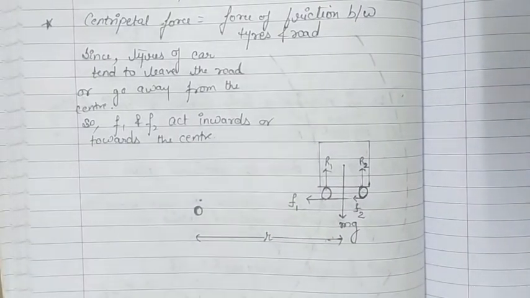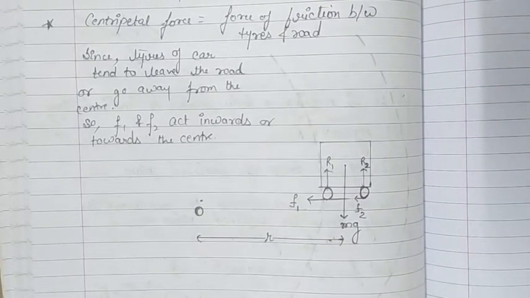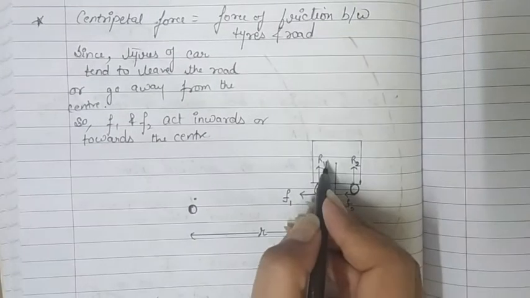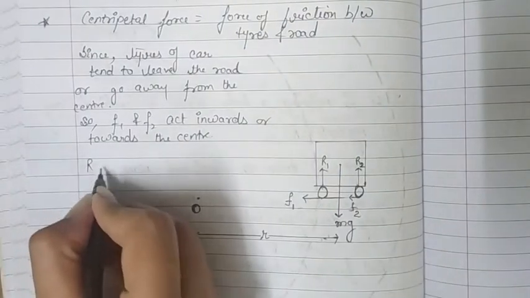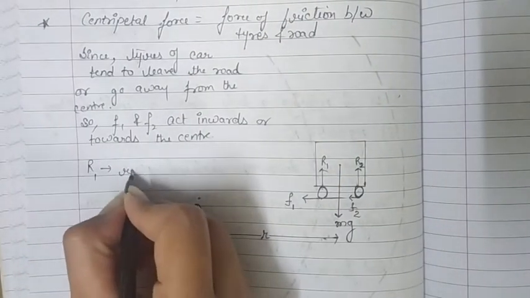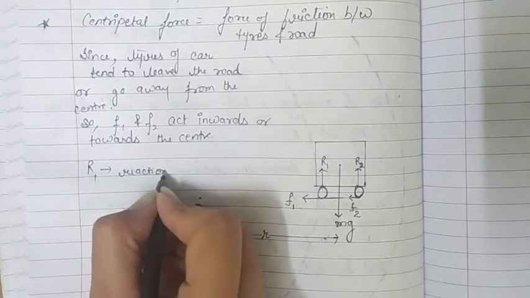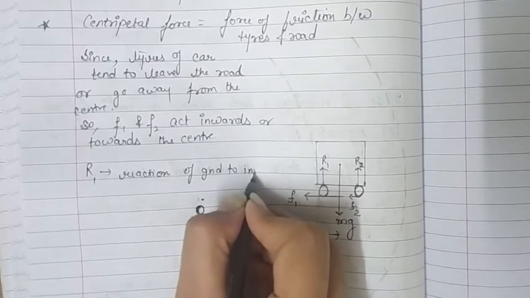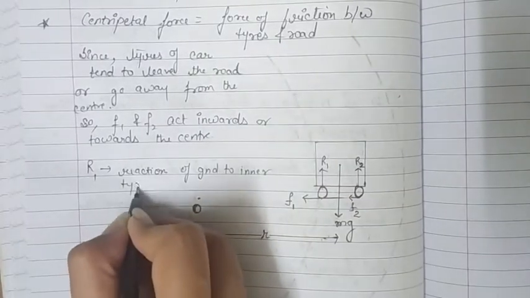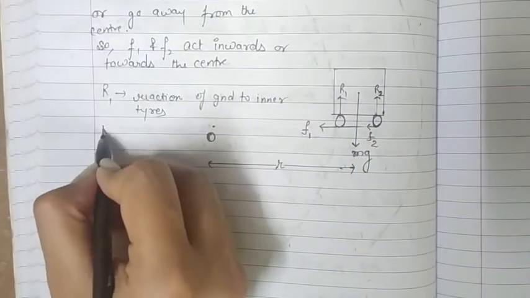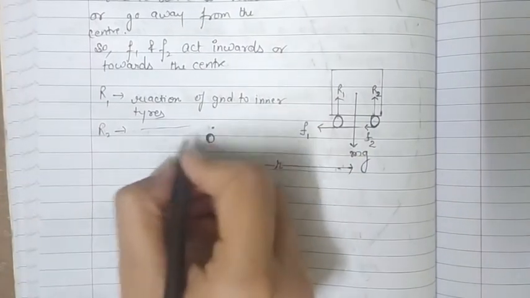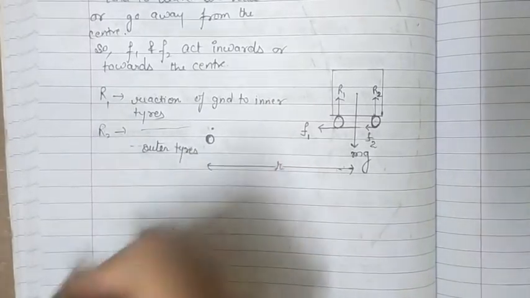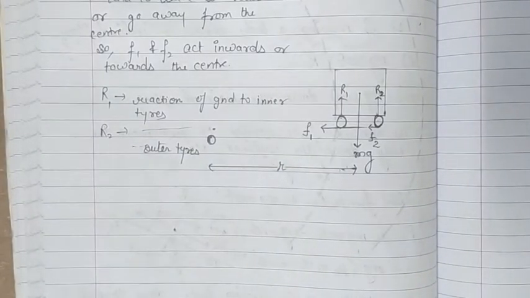Now consider R1 and R2 as the reactions of the ground at the inner and outer tires. R1 is the reaction of the ground on the inner tires, and similarly R2 is the reaction on the outer tires.